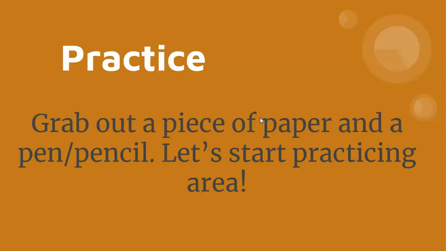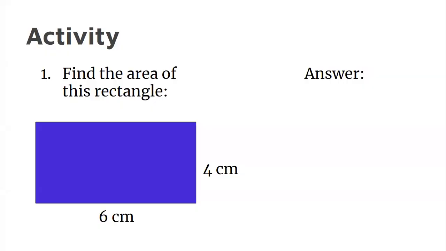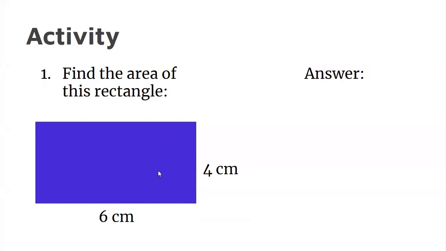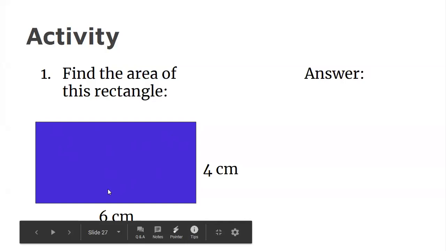Okay, so let's get some practice in. You might need a piece of paper and a pen / pencil or some writing utensil. And let's start. Activity number 1. This will be an example of what you're gonna do. Find the area of this rectangle with the length of 6 centimeters and the width of 4 centimeters.